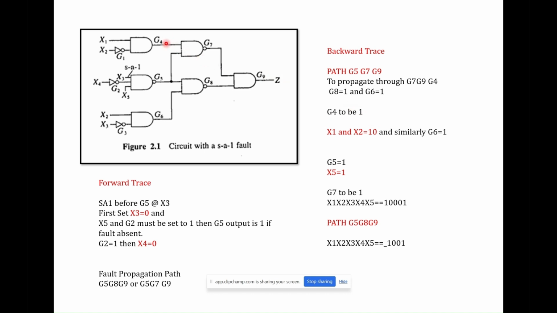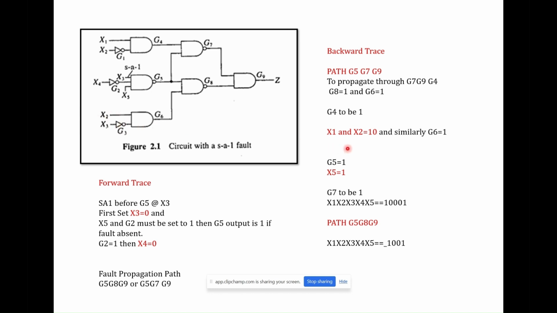So this should be made 1. For this to be 1, X1 and X2 should be 1, 0. Similarly, G6 should be 1 because X2 is connected over here also.